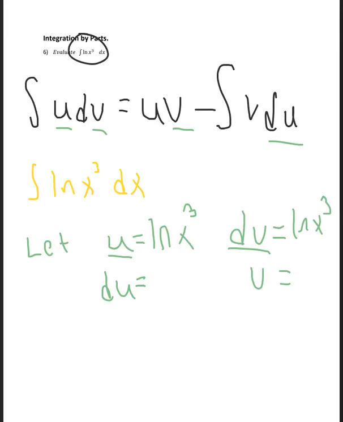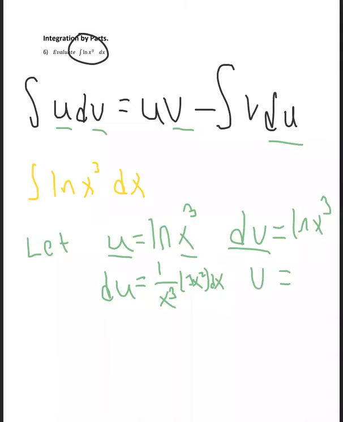You guys remember that the derivative of any ln is 1 over the term, which is x cubed, times the derivative of the term, which is 3x squared. And don't forget the dx. So that was an easy derivative, at least.